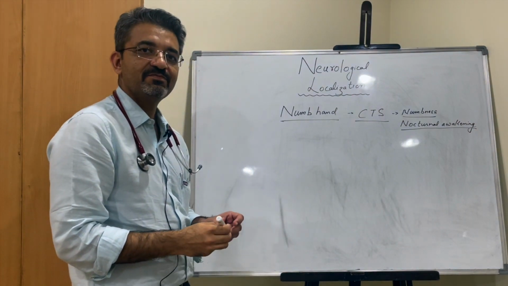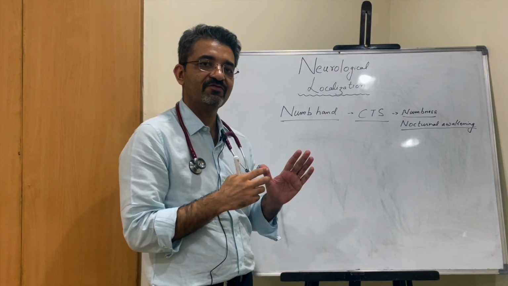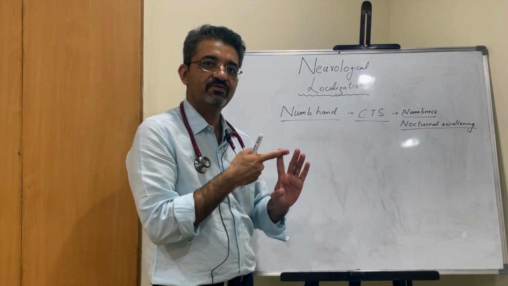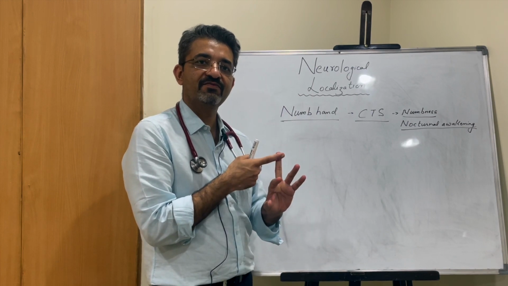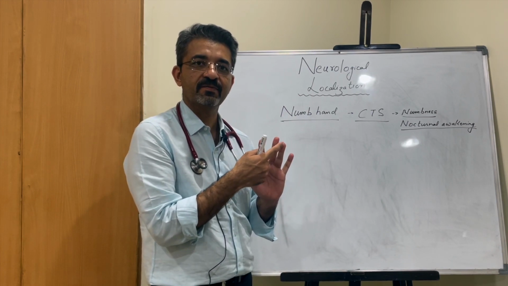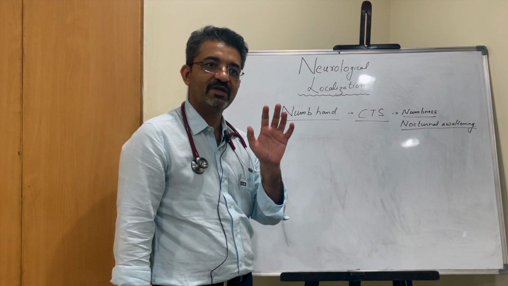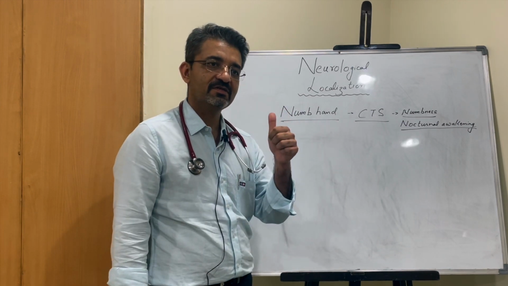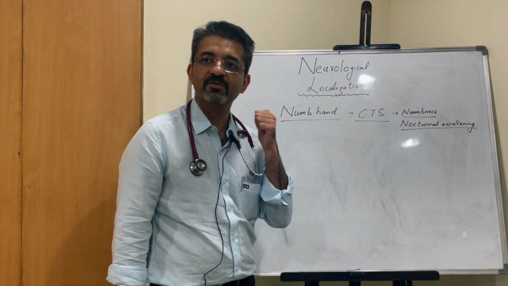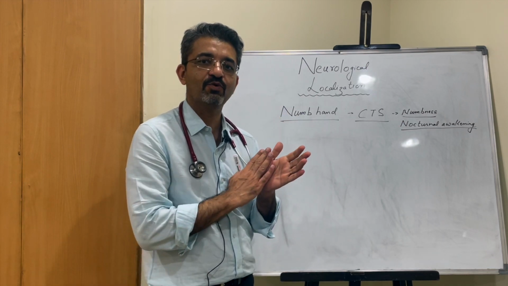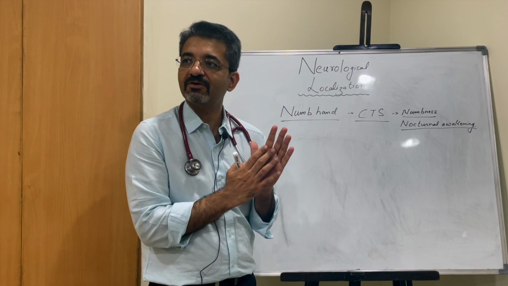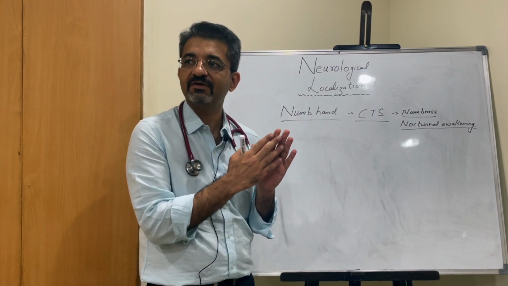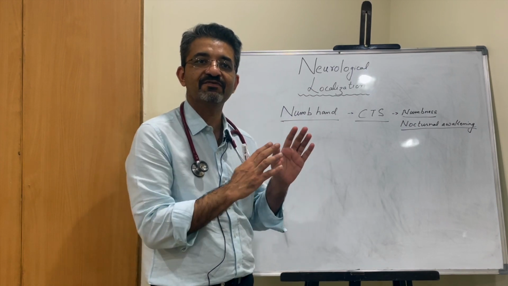What happens in carpal tunnel syndrome is you have involvement of the thumb, forefinger, middle finger and half of the ring finger. But the patient generally doesn't present to you saying my 3.5 fingers are numb. He'll generally report the thumb being numb, or he'll say my whole palm is numb, because he has not read his books wherein the distribution of the median nerve is very well written.